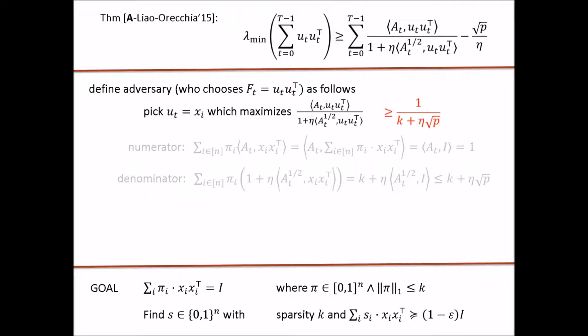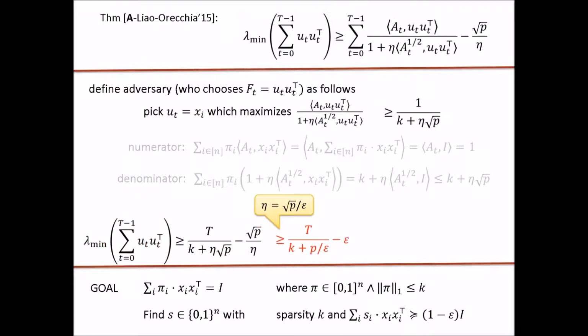And now I claim that we're almost done, for the following reason. If we apply the regret bound, then in each iteration we can get this gain inside the summation. And therefore, if we do T iterations, we get this lower bound. Now, remember, I still haven't picked the learning rate eta. If I pick it to be, say, square root d over epsilon, then it simplifies to this.